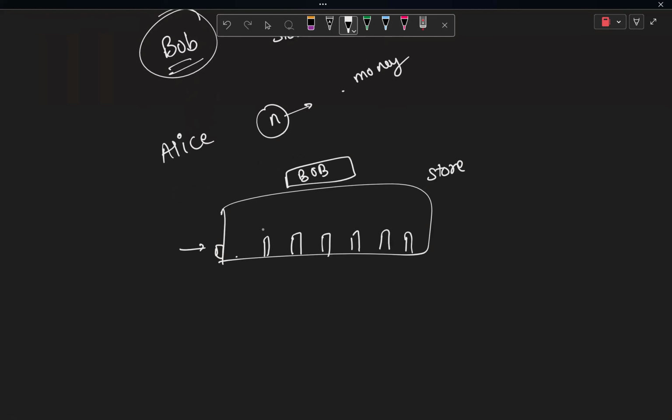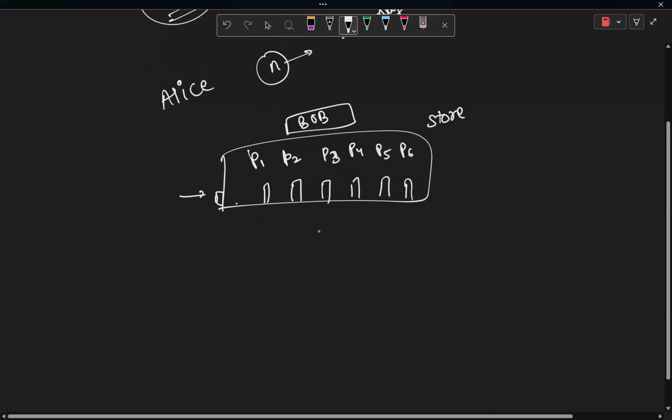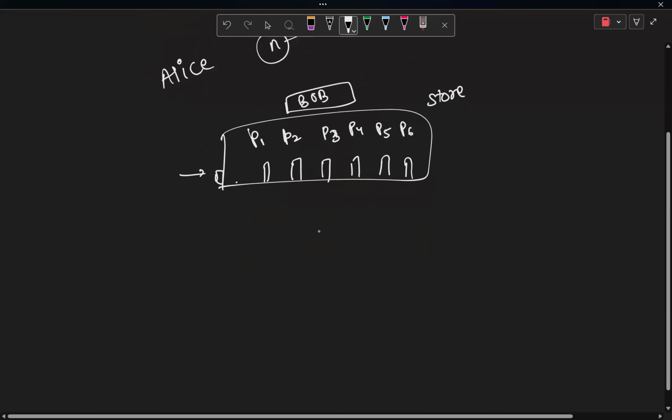Every stall will have an unlimited amount of jewelry with some cost. Let's say the price for the first stall is P1. All the items available on the first stall have the cost P1. Then the second stall has the cost P2, then P3, P4, P5, and so on. And Bob knows that Alice is really greedy.